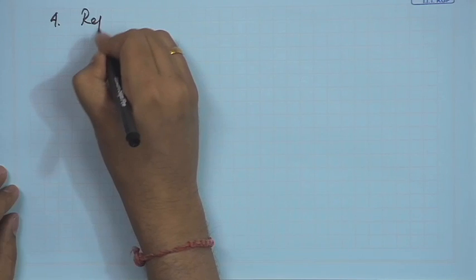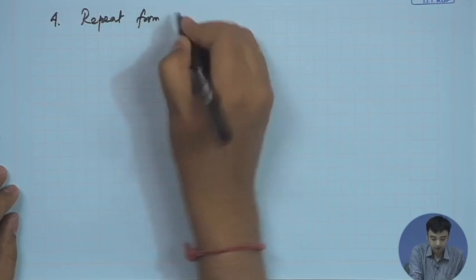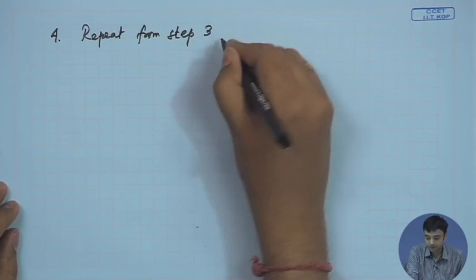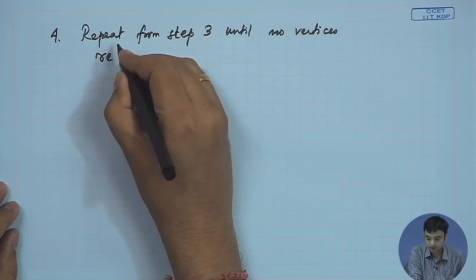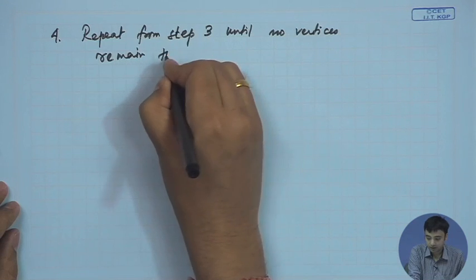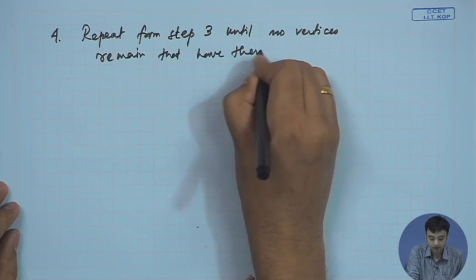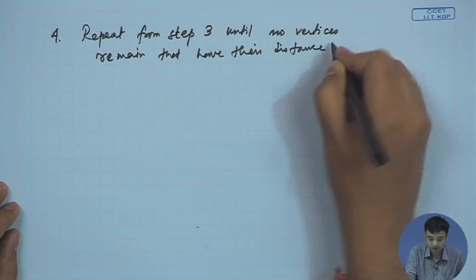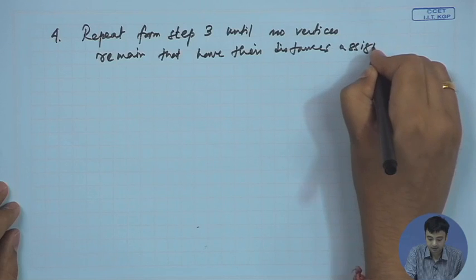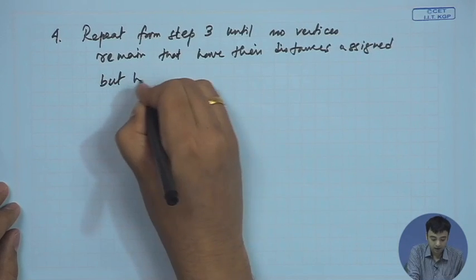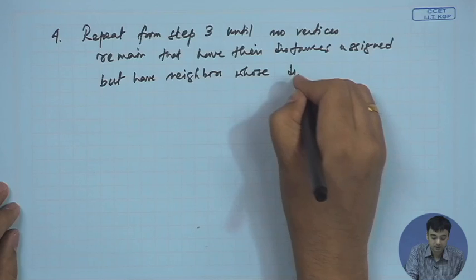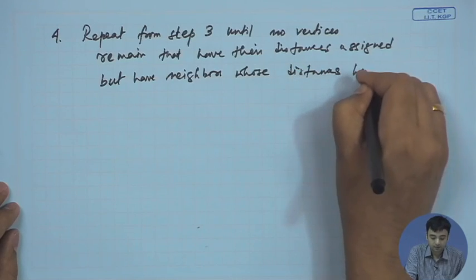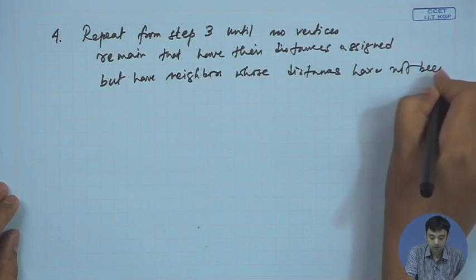Now, the last step, step 4: repeat from step 3 until no vertices remain that have their distances assigned but have neighbors whose distances have not been assigned.